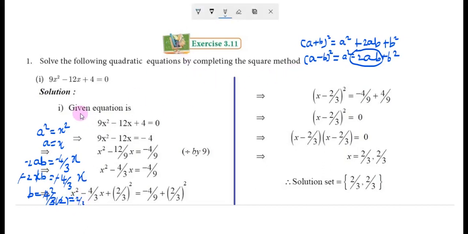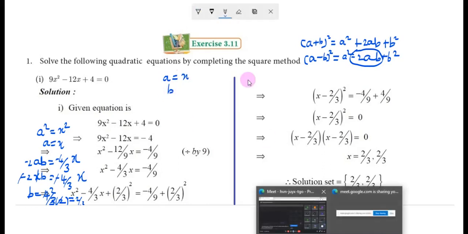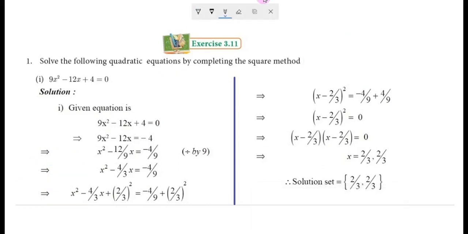So b equal to 2 by 3, so I take a equal to x and b equal to 2 by 3.